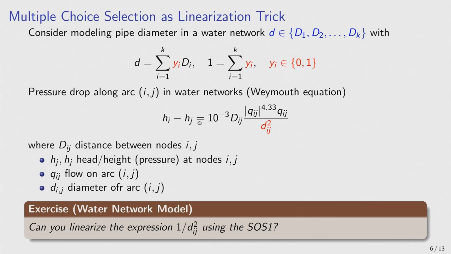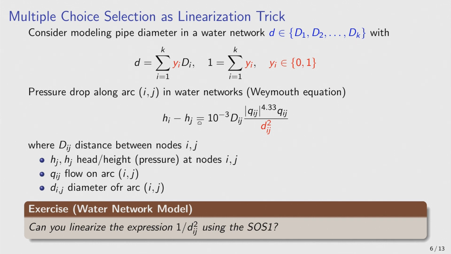And this equation is one that's been derived empirically. It approximates the solution to a partial differential equation in steady state. Note that there are these funny coefficients, 4.33, that have to do with what kind of medium is flowing through the pipes. So for gas networks, that will be a different exponent.